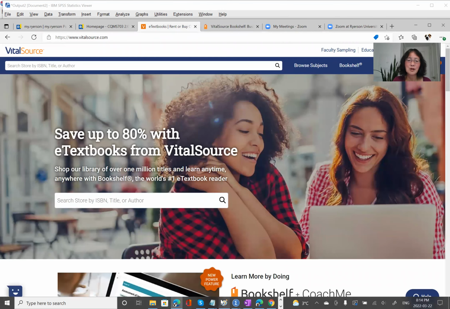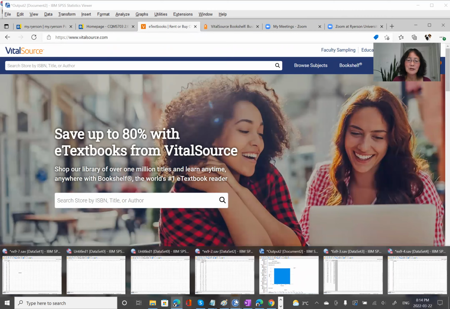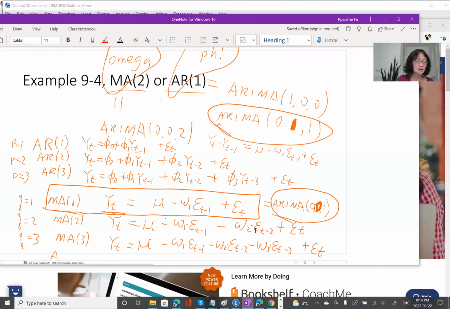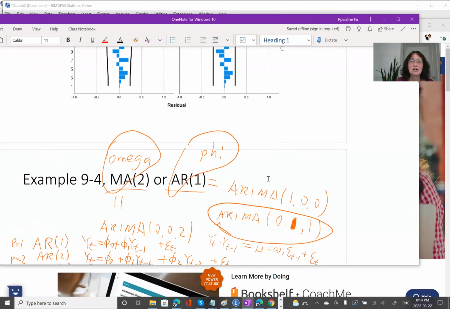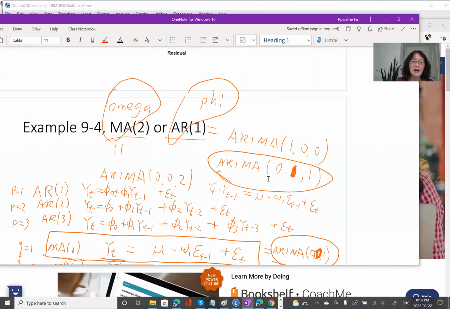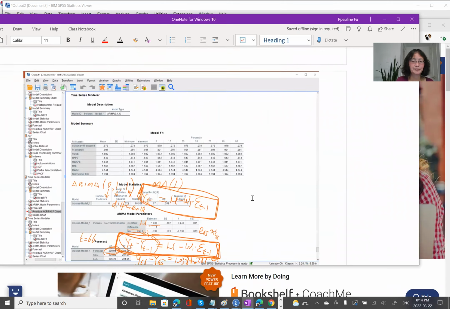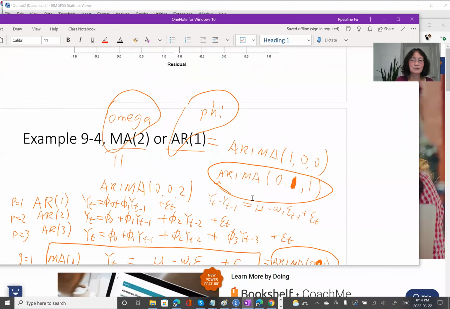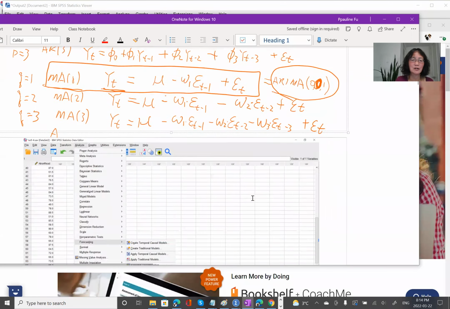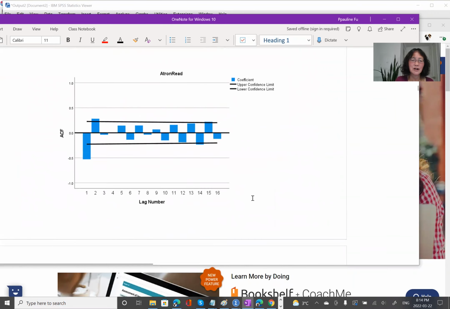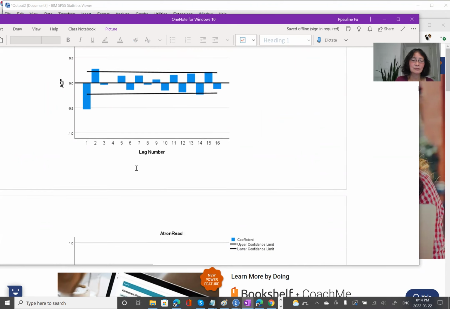So check out that video. It explains how you choose a model based on the autocorrelation function. So now go back to our example 9.4. Our autocorrelation indicates significance for time lag 1 and lag 2.